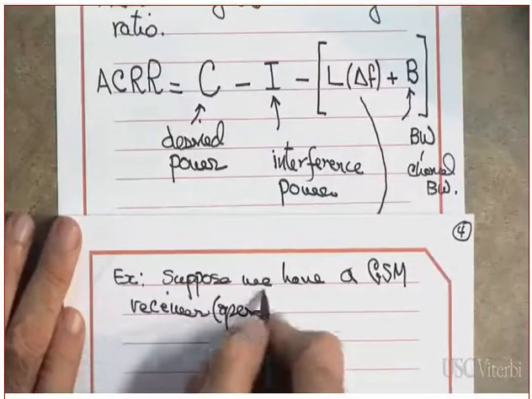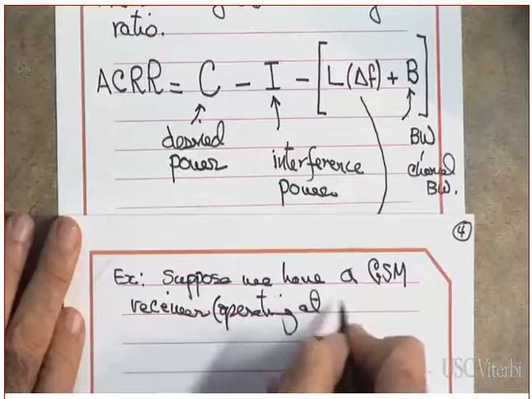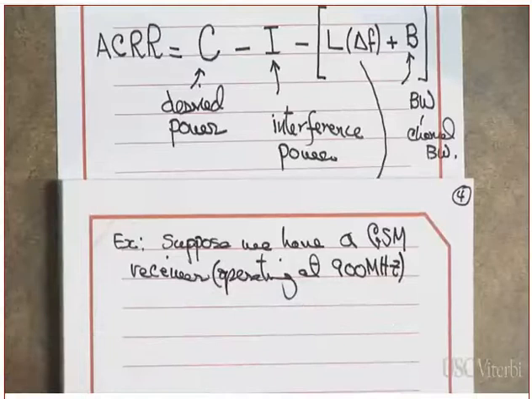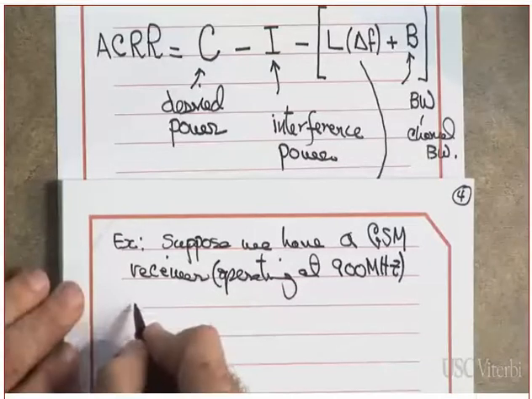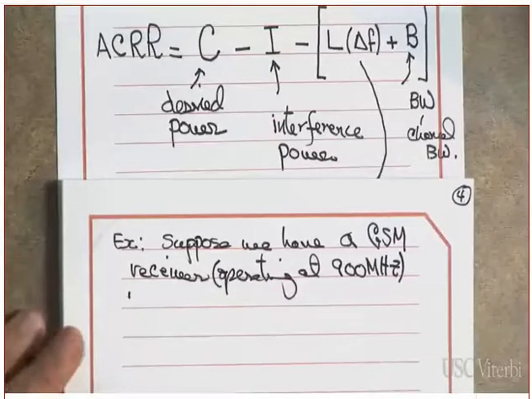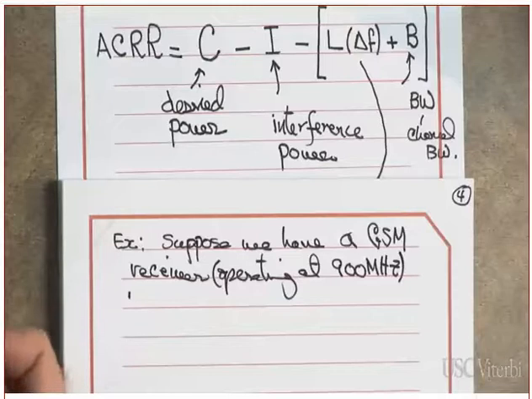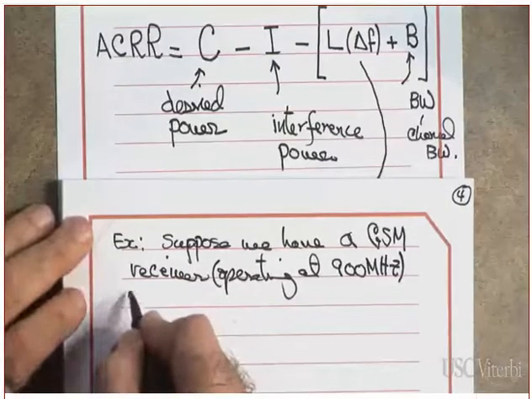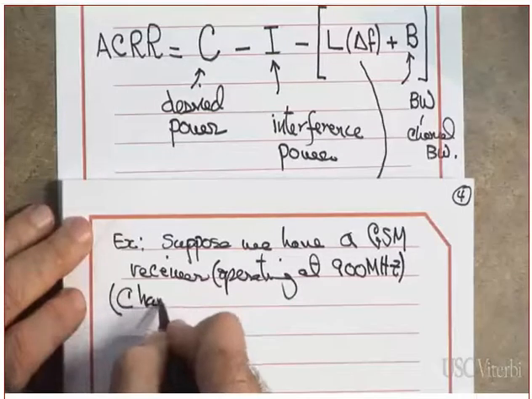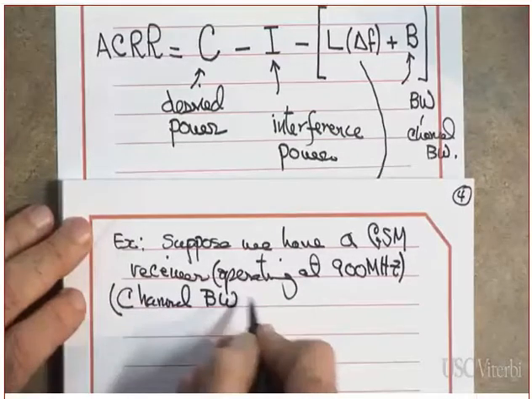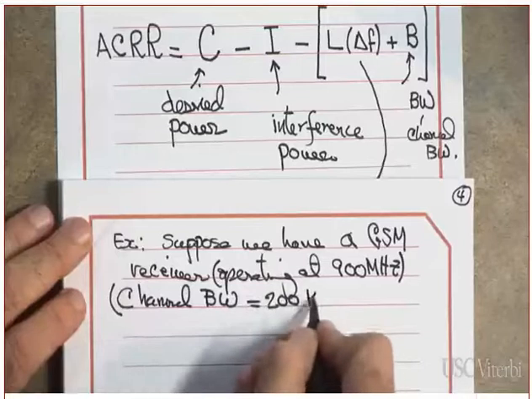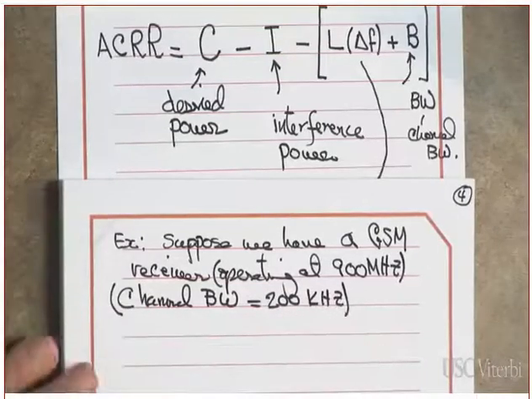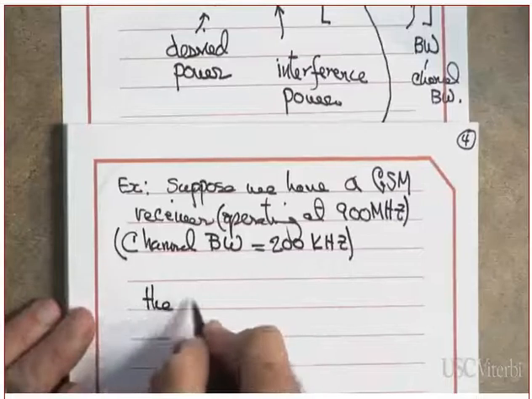You remember how much the channel bandwidth is? 200 kilohertz. The channel bandwidth is 200 kilohertz. Clear?